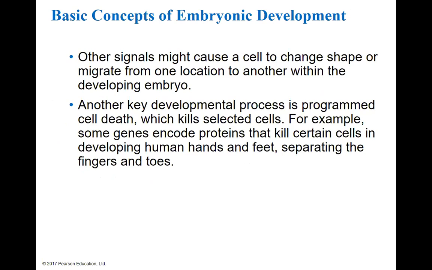There are other signals also that can cause the cell to change its shape or to migrate from one location to the other. As the fetus develops, cells need to move to their correct location, right? Your liver has to be in the location of the liver, your brain has to be in the location of the brain. So it's very important that these cells move in a coordinated manner, and the extracellular matrix helps these cells to actually move to their correct location.